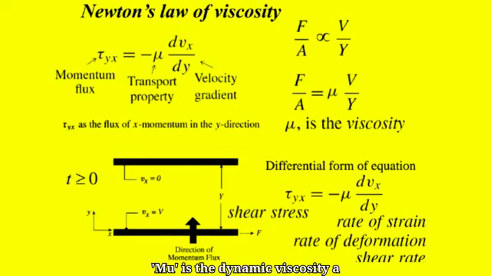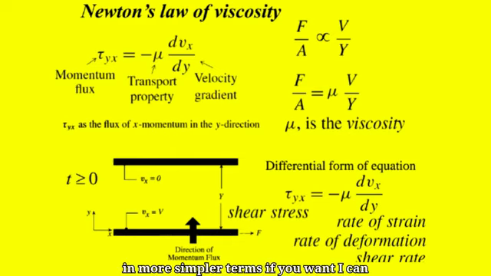Mu is the dynamic viscosity, a measure of a fluid's resistance to flow. dVx upon dy is nothing but the velocity gradient or rate of shear strain. It describes how quickly the velocity is changing between layers in the y direction.